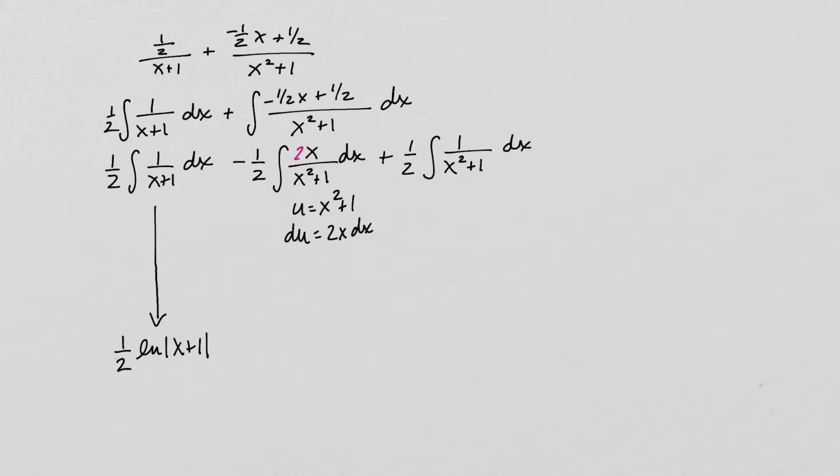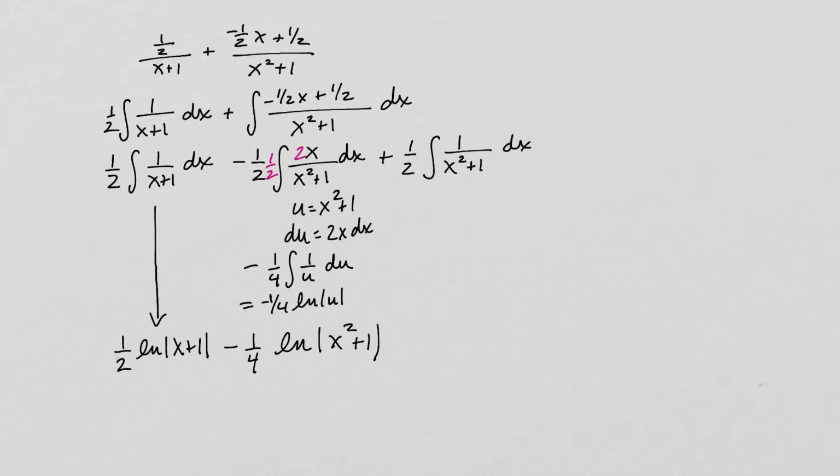So I need a 2 in here, but to balance it, I need another 1/2 out here. So we end up with minus 1/4 the integral of 1 over u du, or minus 1/4 natural log absolute value of u. So this is going to be minus 1/4 ln absolute value of x squared plus 1.